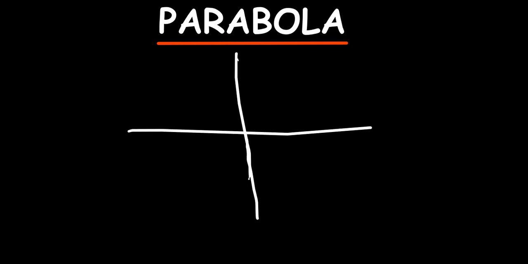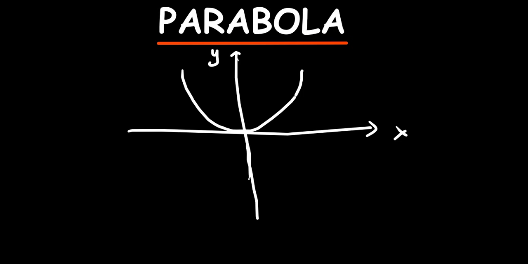So this is my y, this is my x. A parabola is just a set of points x and y that are equidistant from the focus. So a parabola looks something like this. Let me draw it. Okay, so this is a parabola.